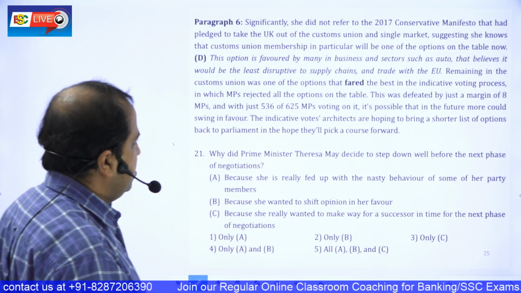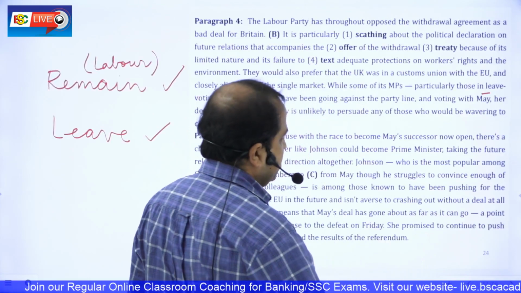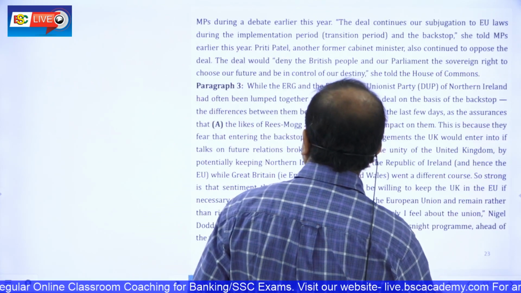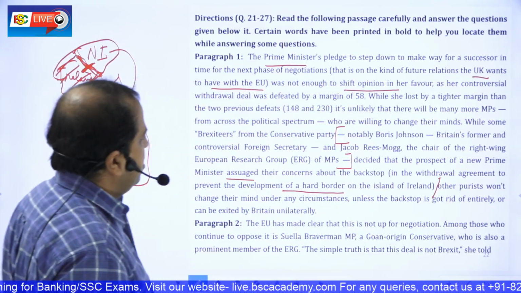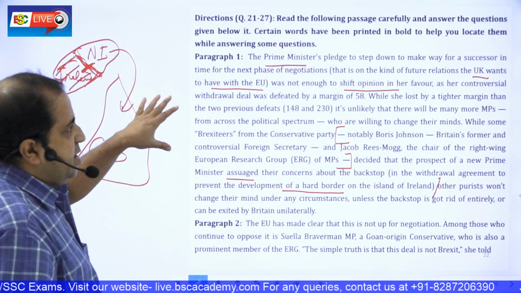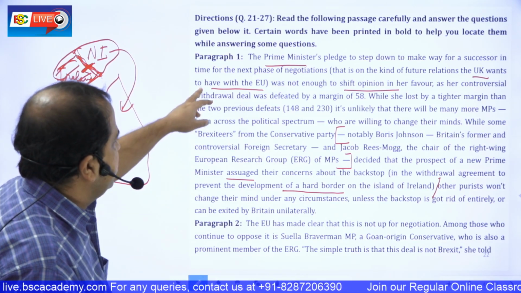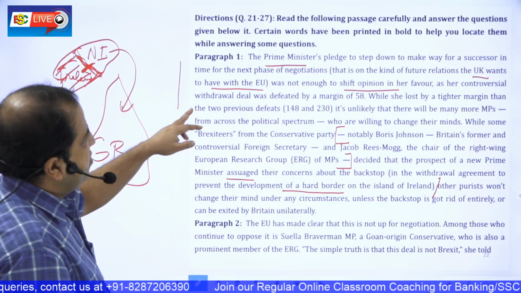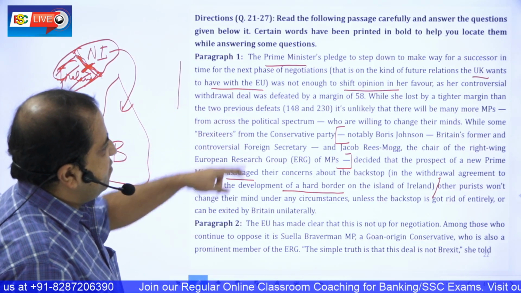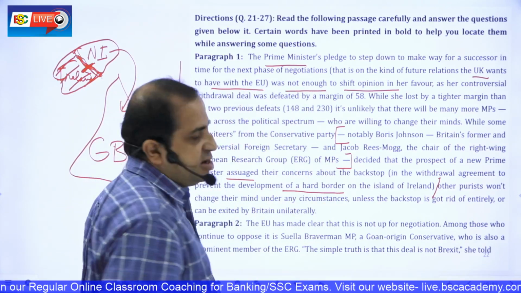Now here, we have to sift between the real intent and the proposed one. What the intention really was, and what is stated according to the passage. The Prime Minister's pledge to step down to make way for a successor in time for the next phase of negotiations was not enough to shift opinion in her favor. Not enough to shift opinion in her favor.